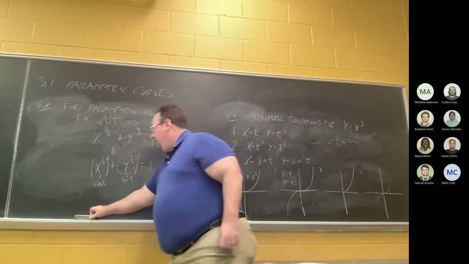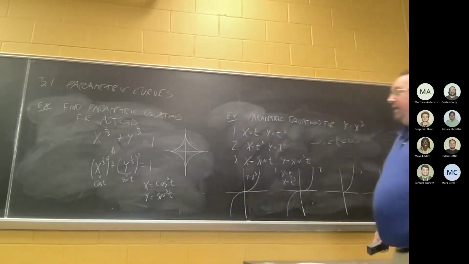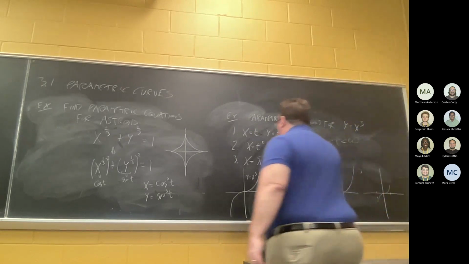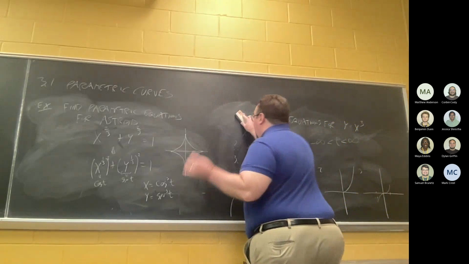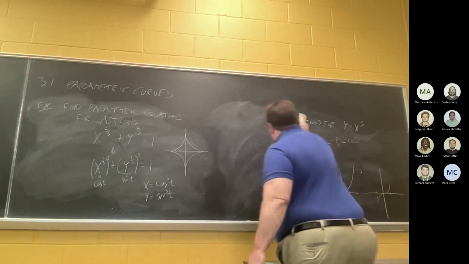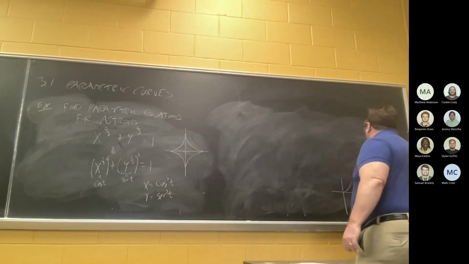So if you have an equation in x and y that describes a curve, and it's possible to write it as a sum of squares, whatever's being squared equates to sine and cosine. So that's one way it works, in admittedly limited circumstances, to get parametric equations from an equation in Cartesian coordinates.